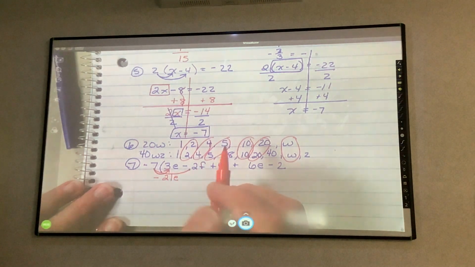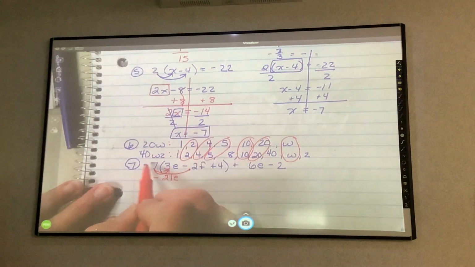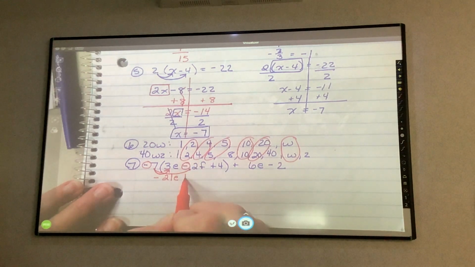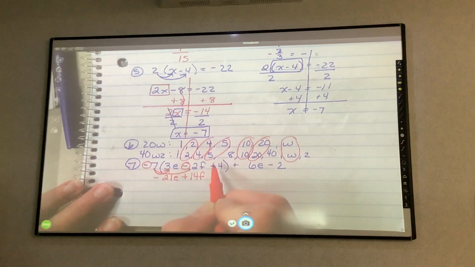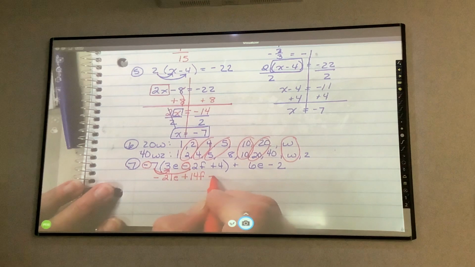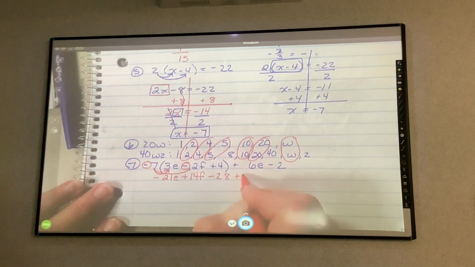Is it gonna be a negative? No. A negative times a negative becomes a positive 14F. Then a negative 7 times a positive 4 becomes a negative 28. Then I just write down the plus 6E minus 2.